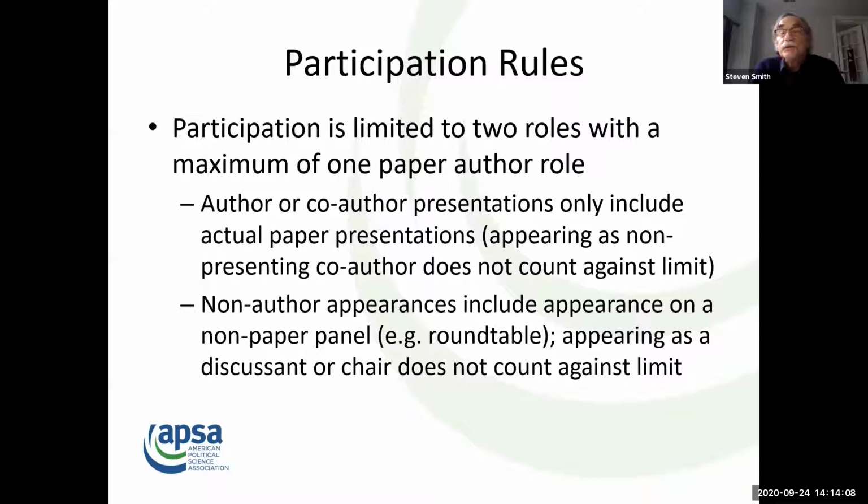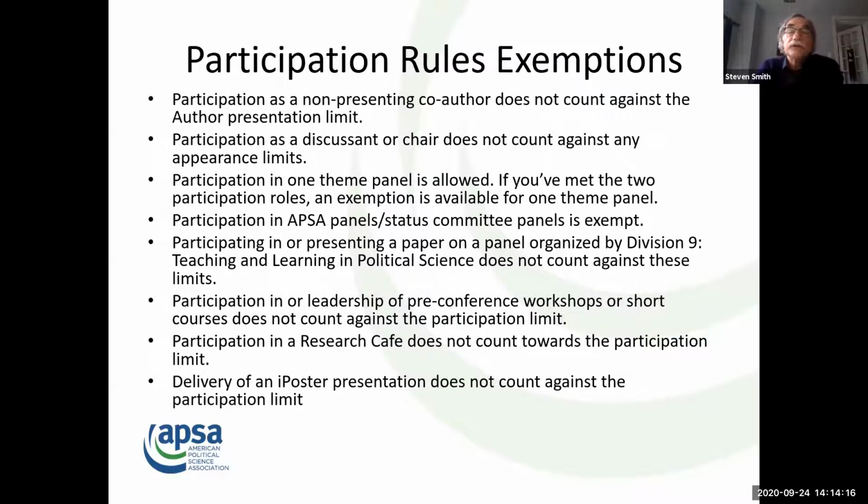Questions? Anybody have any questions? Okay. Well, here are the exemptions. And again, Ashley will circulate these slides to everybody afterwards. Theme panels: participation in a theme panel is allowed and doesn't count towards your 1 presentation. Typically the way it's worked is that the program co-chairs are assigned about 40 panels.